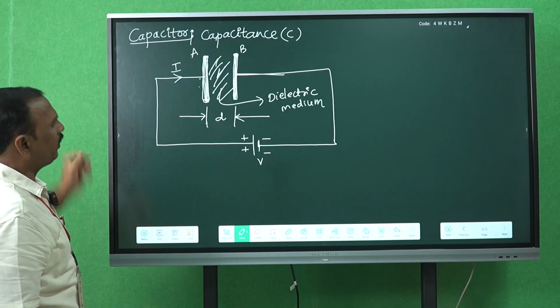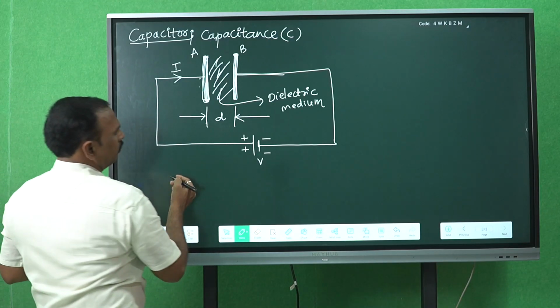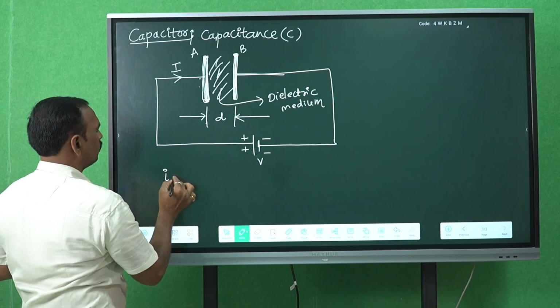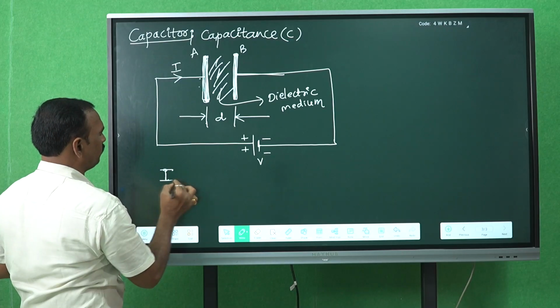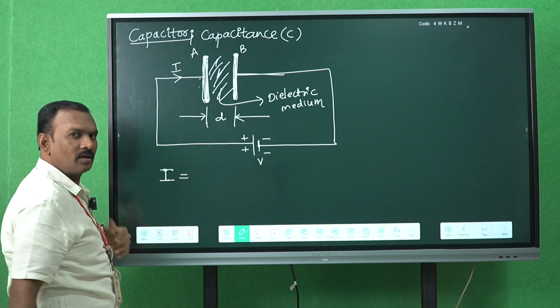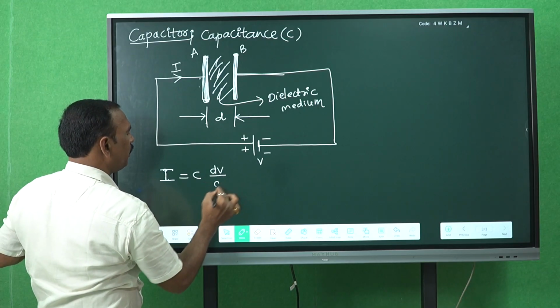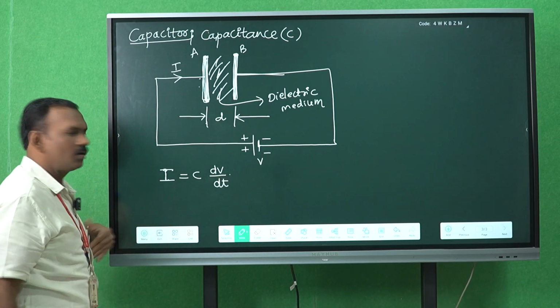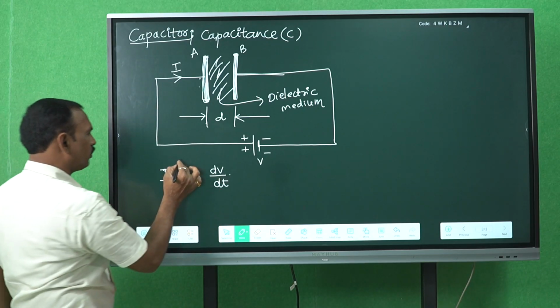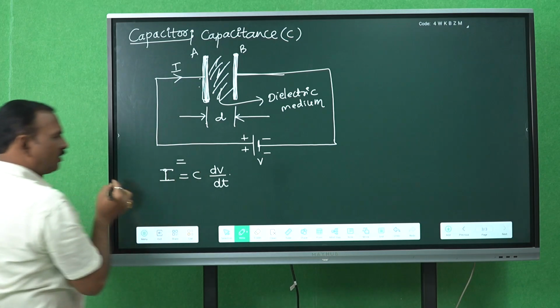Now, what is the current passing through the capacitor? The current passing through the capacitor is C dV by dt. How do we get this?